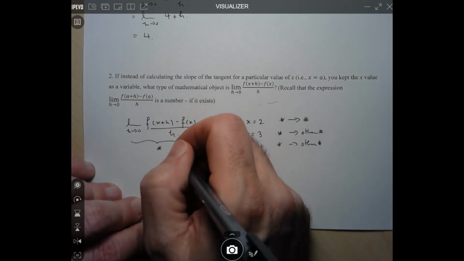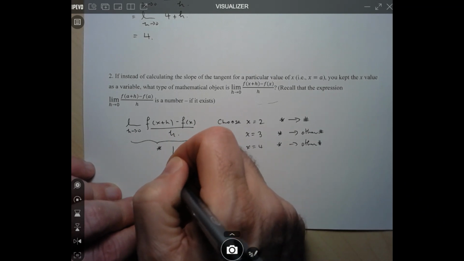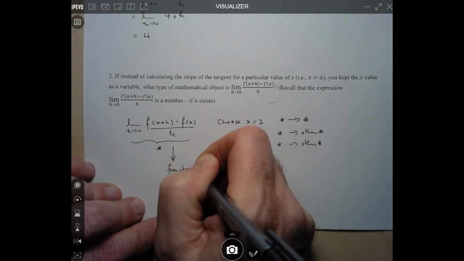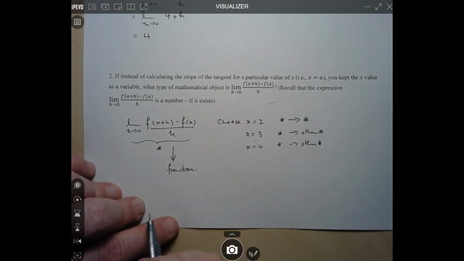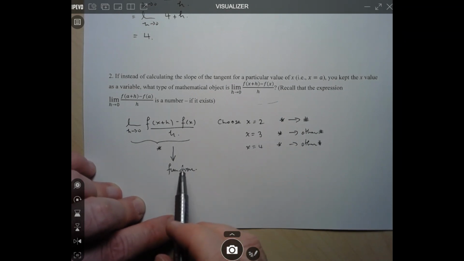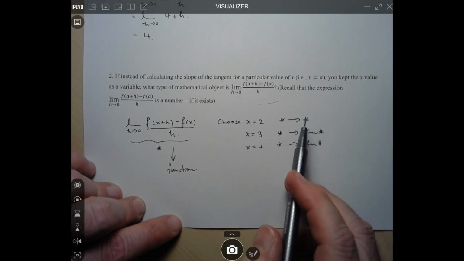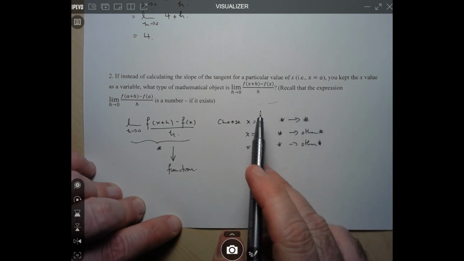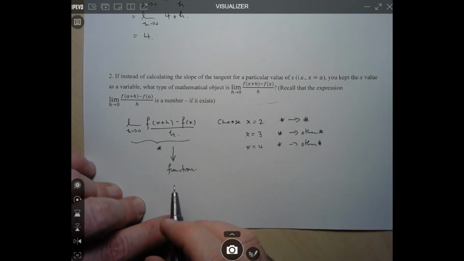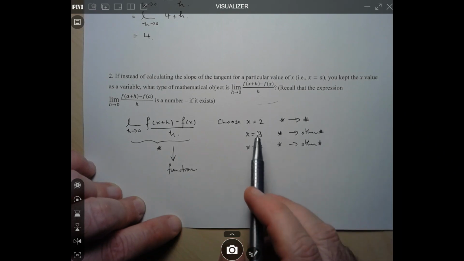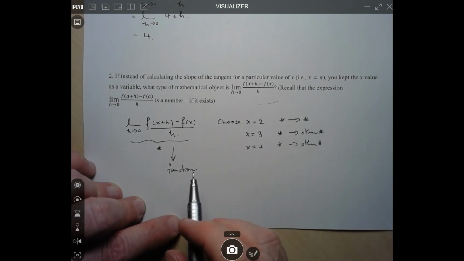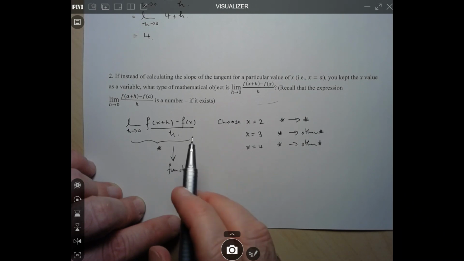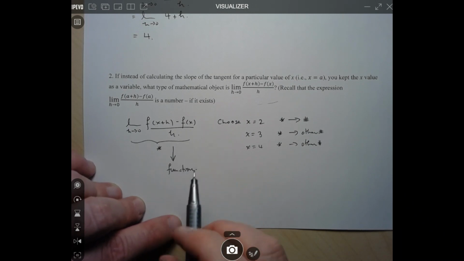So essentially, this represents a function, but a very special function, because what are the outputs of this function? The output is the rate of change of the function at x equals 2, or the rate of change of the function at x equals 3. And this function is what we call the derivative.